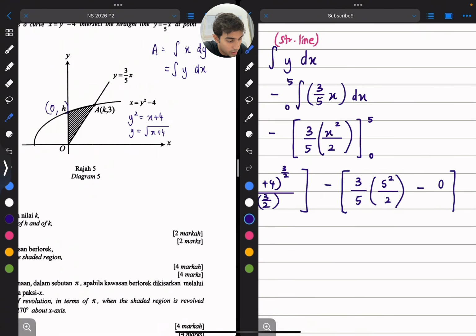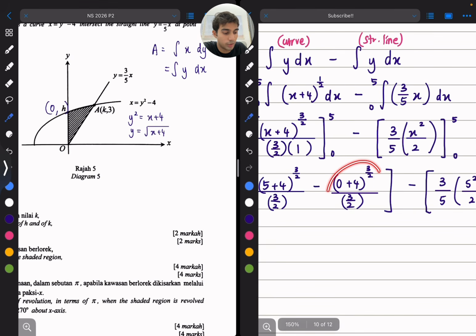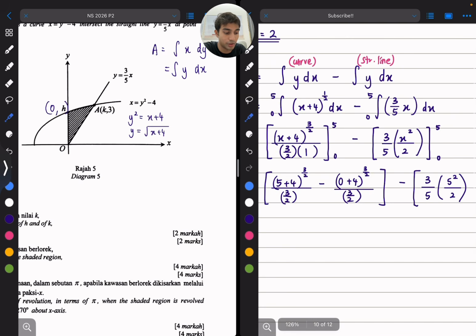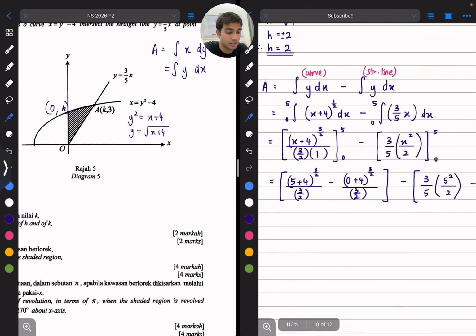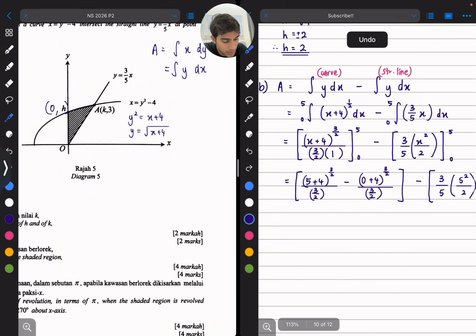Because when you substitute 0 here, the whole thing is going to be 0, because 0 times anything is 0. But here you must be careful. Here the whole thing won't be 0 because it's 0 plus 4, which will give us 4. So that one you have to be careful. Most students just see 0, they won't write it. They just straight away assume it's 0. You have to be careful. Sometimes it's not 0.